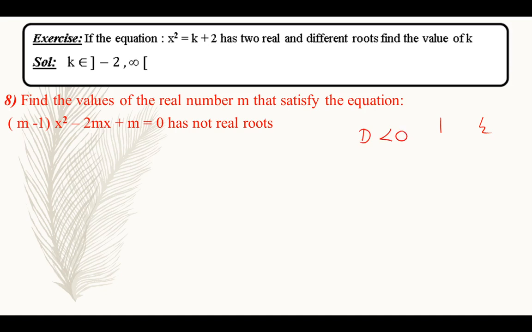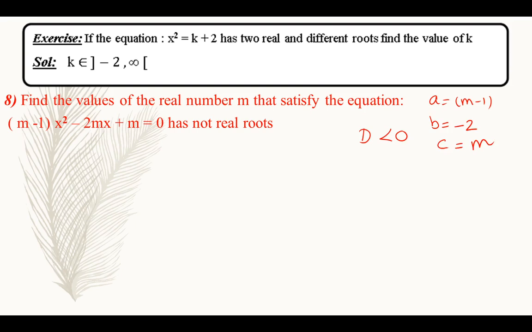This is a very tough example. Focus with me. Here we have A equals m minus 1. B is the coefficient of x, which equals negative 2m. C is the free term, which equals m.